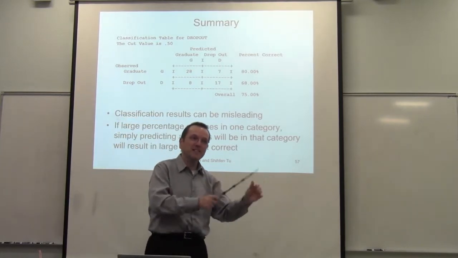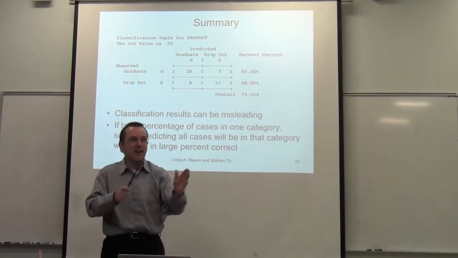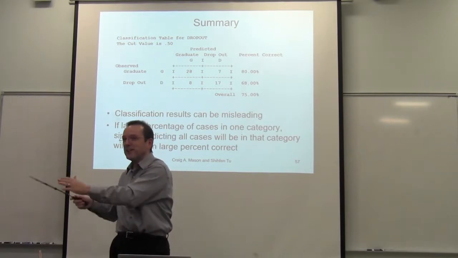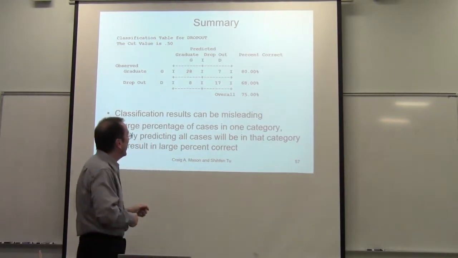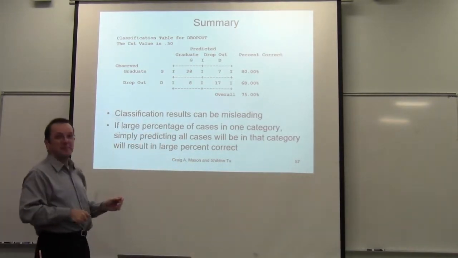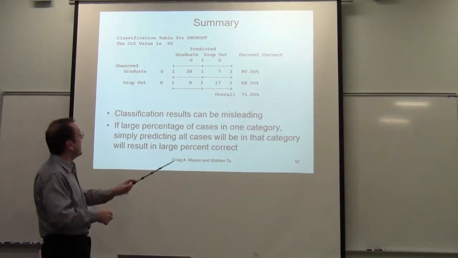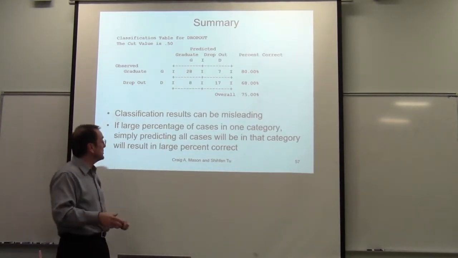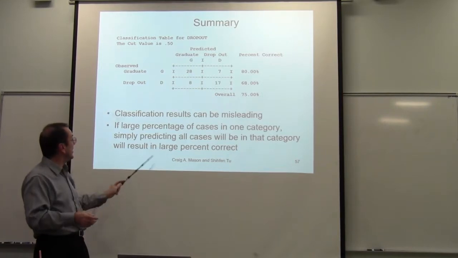Some people are saying this, some people are focusing it that way, and it always somehow happens that the number they chose is the number that looked the best. So just looking at the classification results can be tricky.